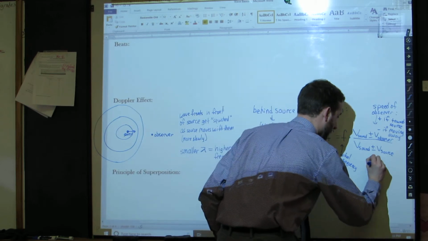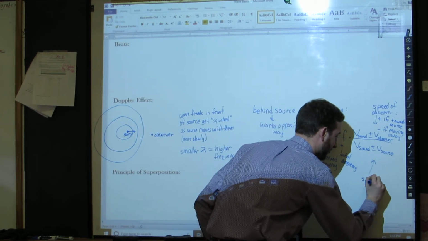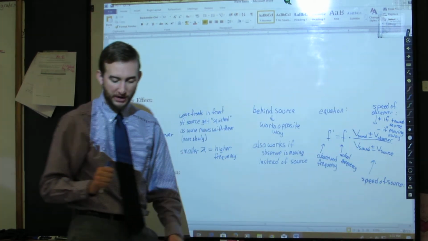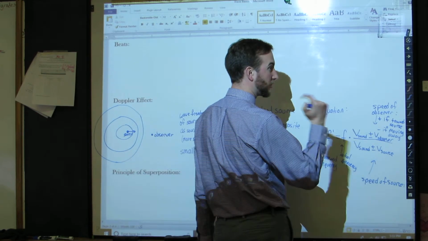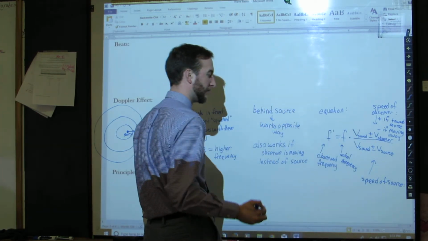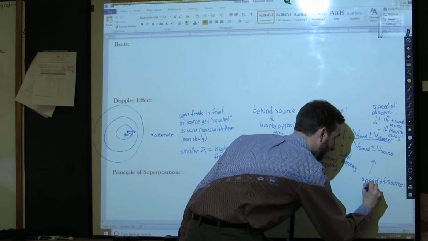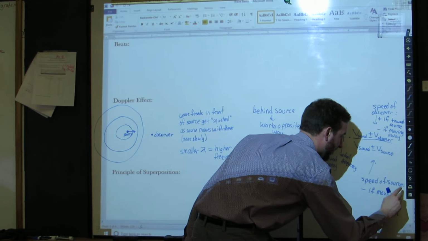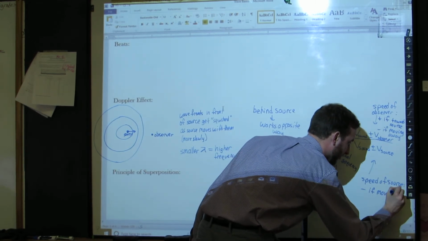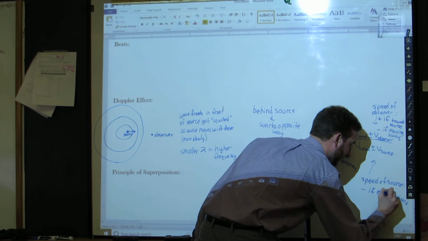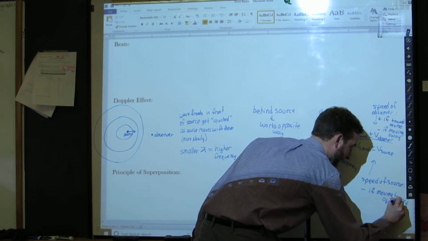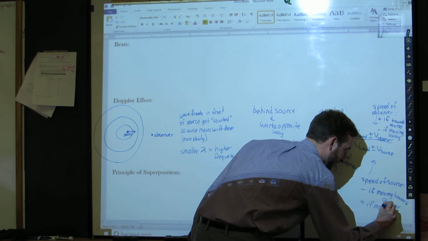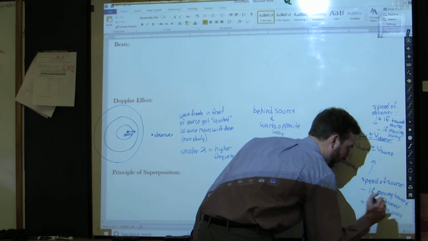On the other hand, on the bottom, this is the speed of the source. The speed of the source also dictates, and which direction the source is moving also dictates plus or minus, but it's reversed. Speed of the source is negative if he's moving toward the observer, and it's positive if moving away.